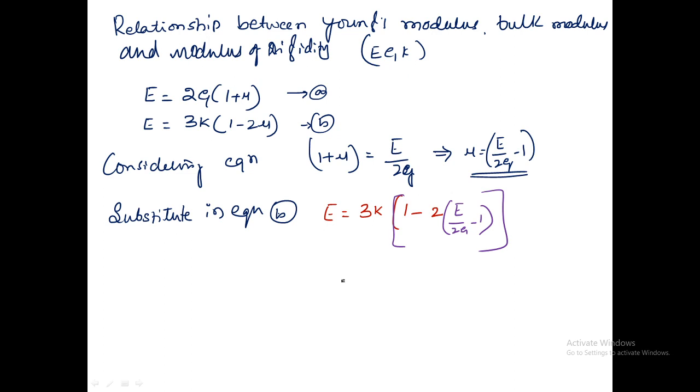Now, can you simplify the inner expression? This is 3K in bracket 1 minus E by G plus 2. Now 3K times 3 minus E by G, this is equal to E.